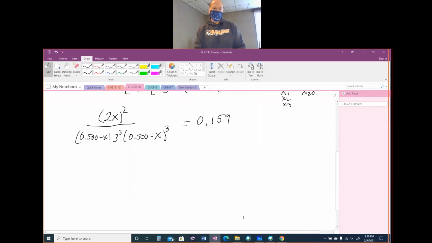All right, but still, you have to then solve the problem. You're not done yet. So on top, you got your 2x squared. And now you're going to combine your like terms. You're going to have your 0.5 minus x to the fourth. And so what I'm going to do to get rid of this 3 to the third, which is not 9, which some people will put, 3 times 3 times 3 is 27.